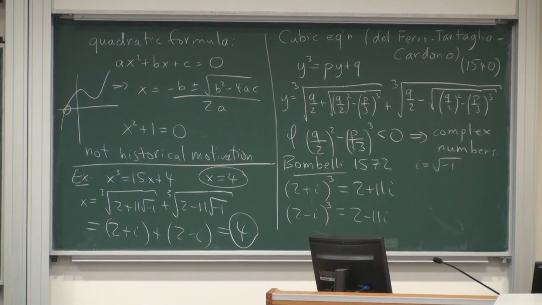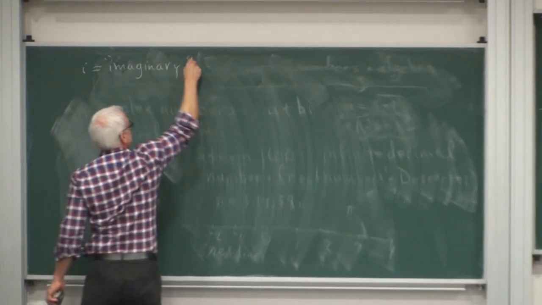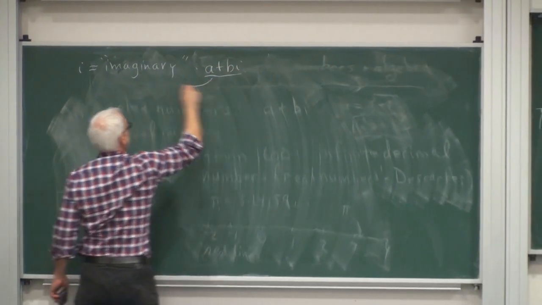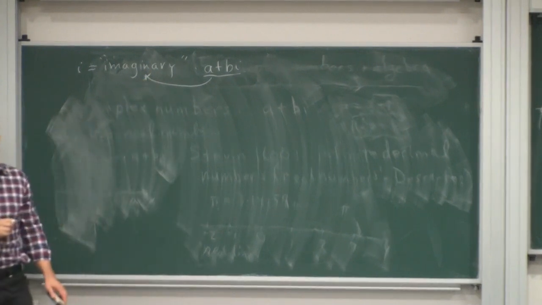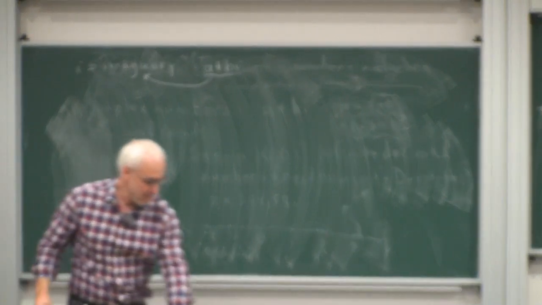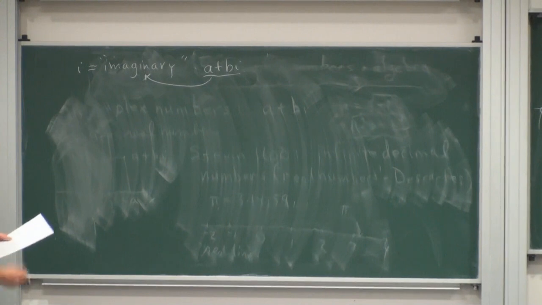It was sometimes called an imaginary number. In fact, the early usage was that anything of the form a plus bi was called an imaginary number. The term complex number only came around later. So here are some examples of how i appears.